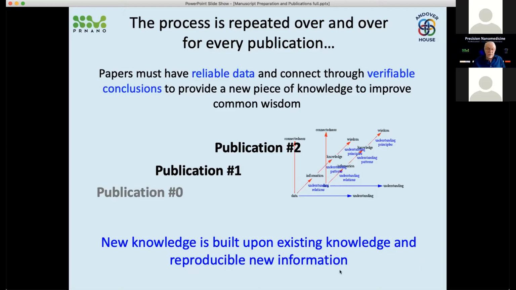I would underline that reproducible new information. Unfortunately, in later years, the squeezing of authors to publish led to a phenomenon we call, in the editorial and publishing industry, salami slicing.